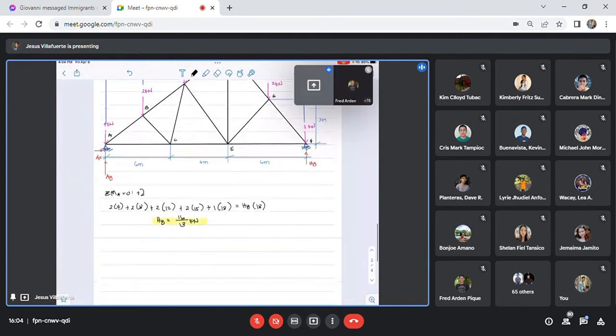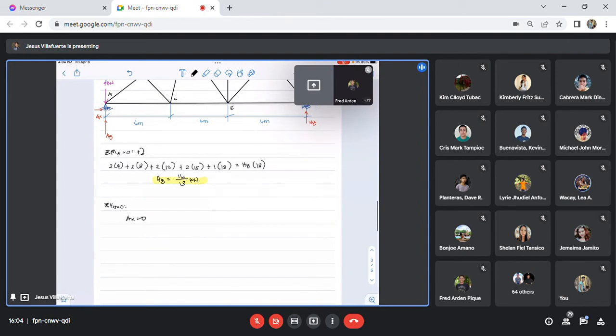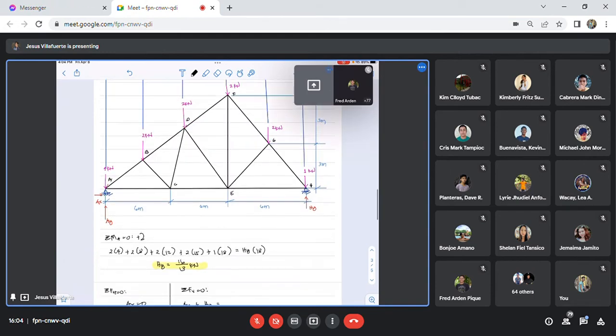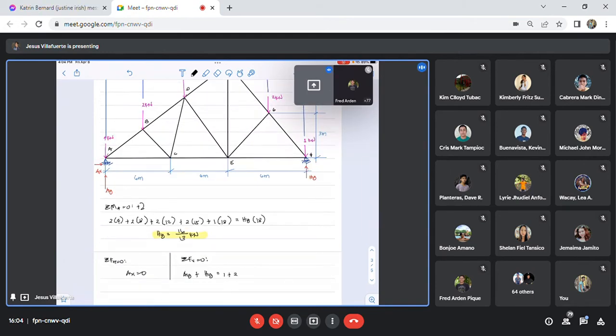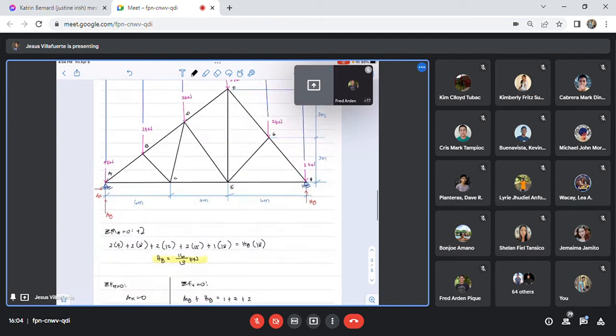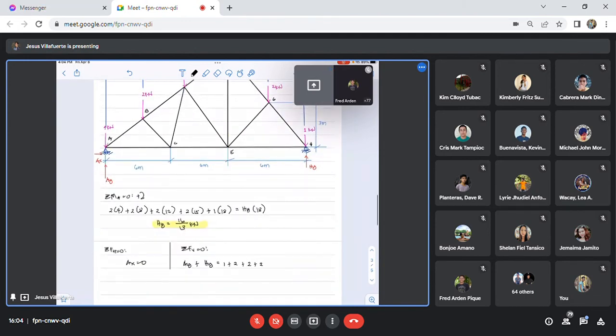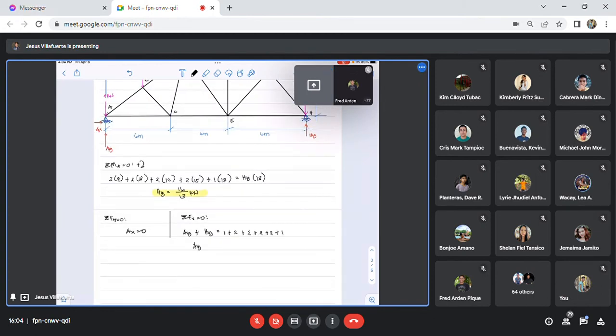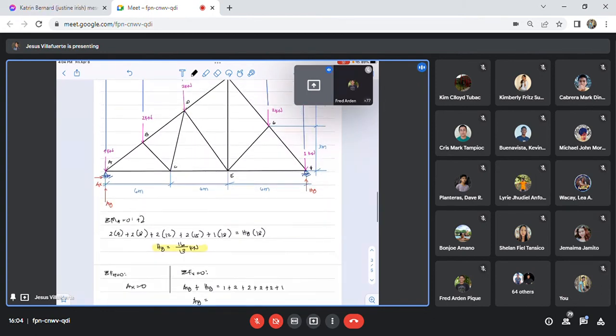So, if we take summation of forces, horizontal is equals to 0, therefore AX is equals to 0. And then, summation of forces vertical is equals to 0. What do we have? AY plus HY is equals to 1 plus 2 plus 2 plus 2 plus 2 plus 1. So, pila ang AY? 2, 4, 6, 8, 10.